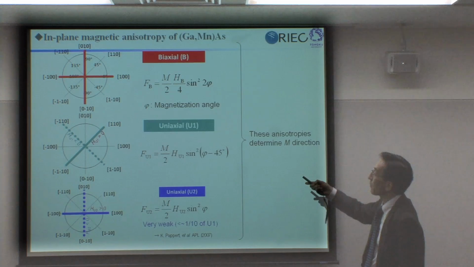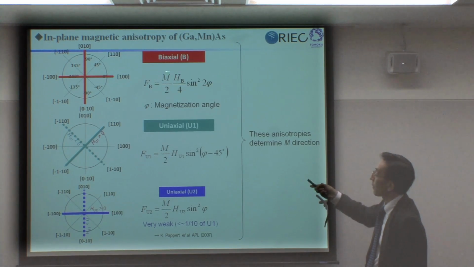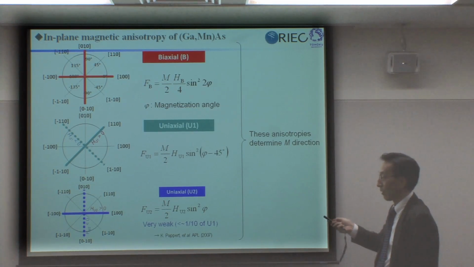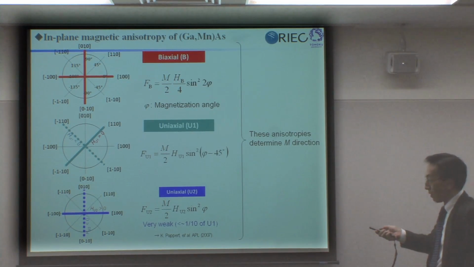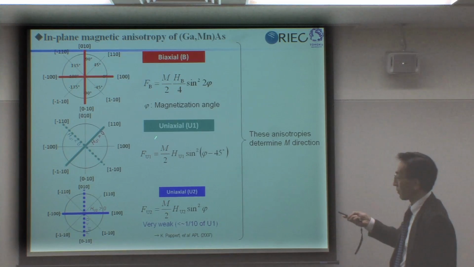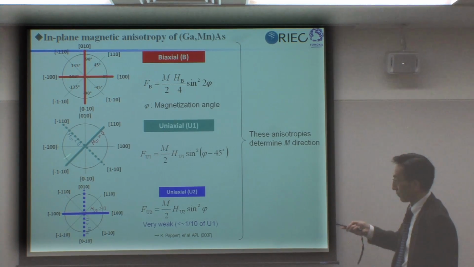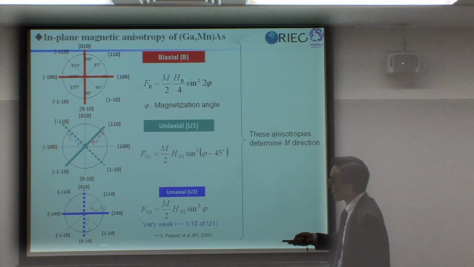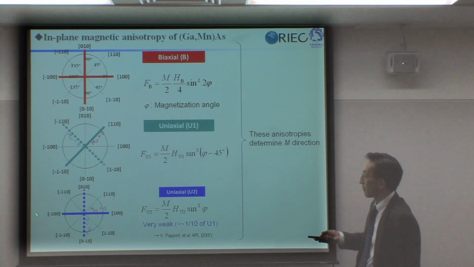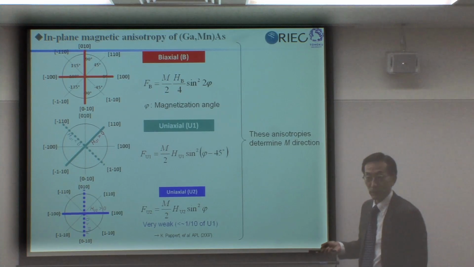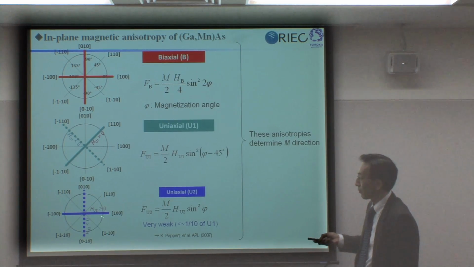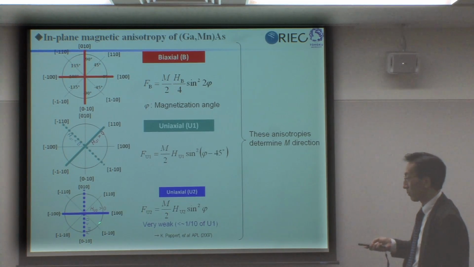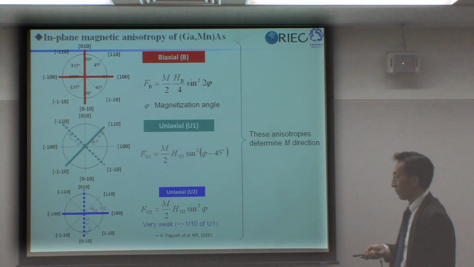Here we assume that in our case we have biaxial anisotropy and uniaxial anisotropy, which we do have in our gallium manganese arsenide. Here we also assume that this uniaxial anisotropy, we can change its sign by electric field. We need to assume that we have another uniaxial anisotropy, the sign of which can also be switchable by electric field.